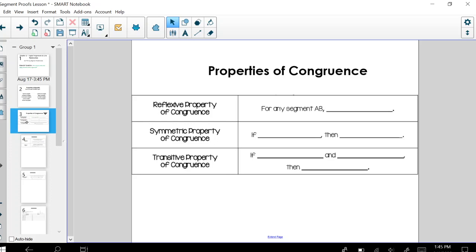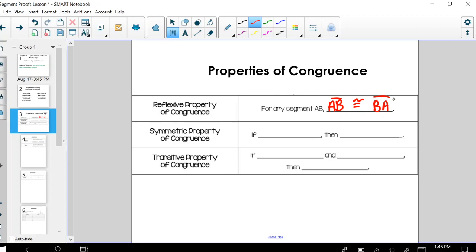So properties of congruence. Now these are a little bit different because we're no longer talking about algebra and numbers. So when we are talking about properties of congruence, we have our reflexive property of congruence, which would be for any segment AB, that segment AB is congruent to segment BA. Okay, if you flip the letters around, they're still the same segment, they're still congruent.